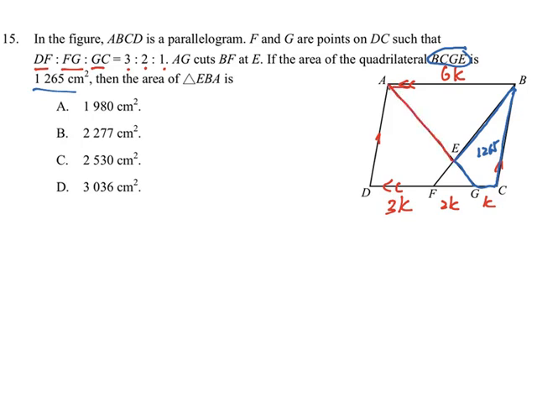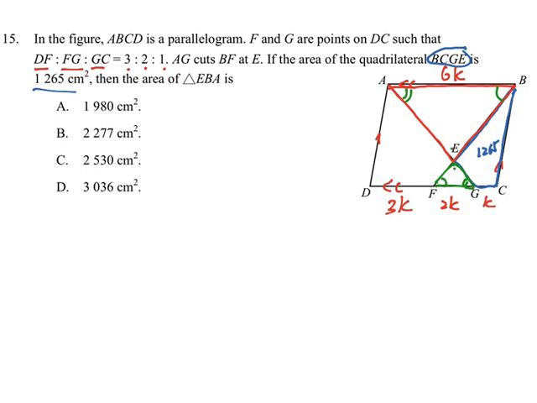Now we need to find the area of EBA. EBA, this one. So we have this triangle. Actually, we have another triangle. This triangle, the green triangle with the red triangle, they are similar. First, these two angles same because alternate angles, and then this one alternate again.